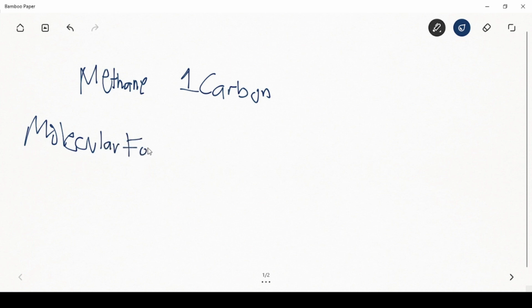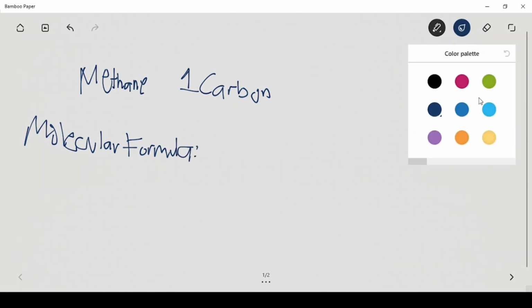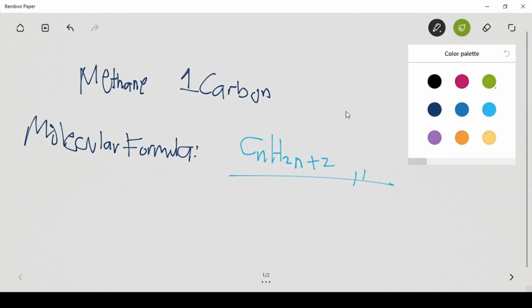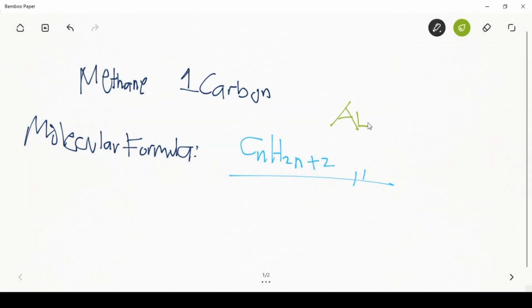Okay, so in order for you to get the molecular formula, you must use the equation CnH2n plus 2. So this is the fixed equation in getting the alkane, okay? So take note of it in getting the alkane.